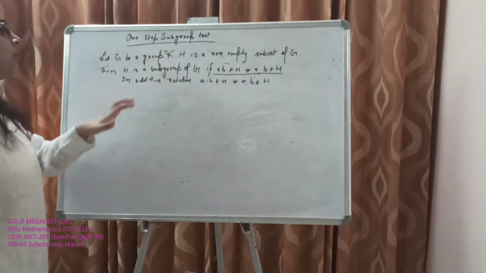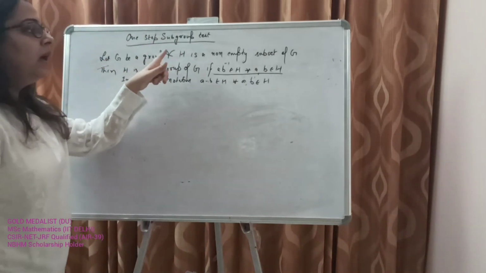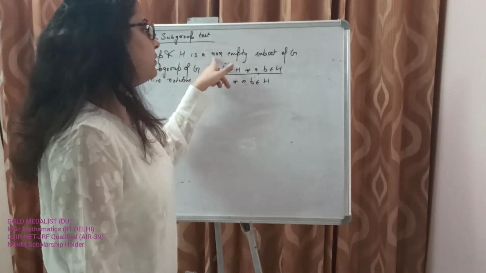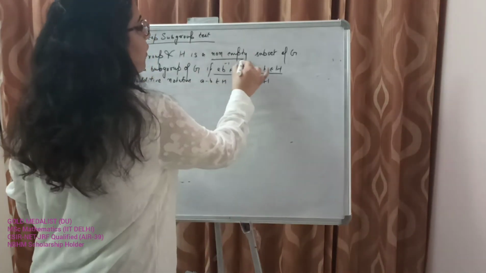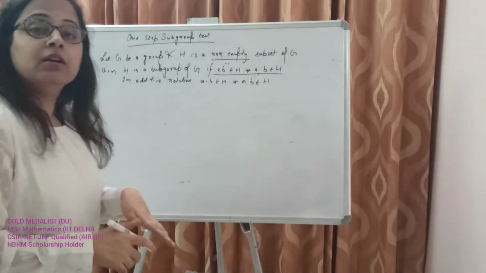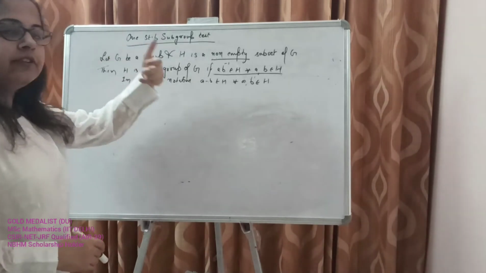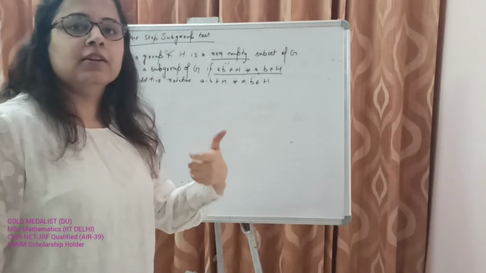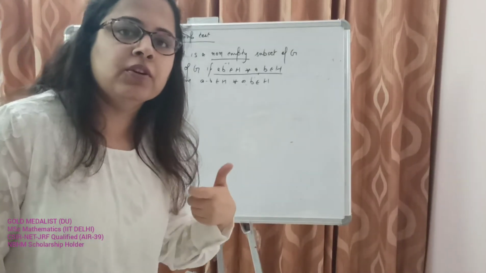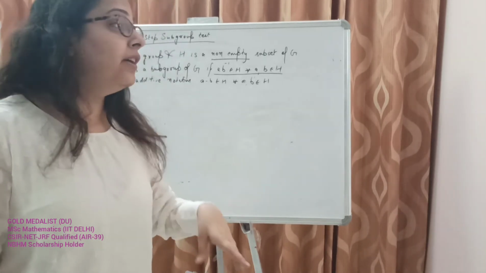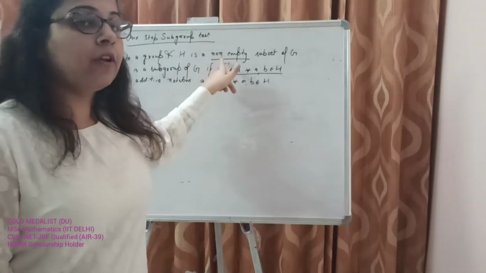So the one-step subgroup test says: let G be a group and H a non-empty subset. Be careful that non-empty here is very important, because even a group has to be non-empty. When we said in the definition that a subset of a group G is a subgroup if it is itself a group, that means it has to be non-empty.